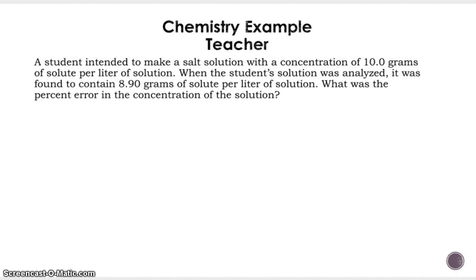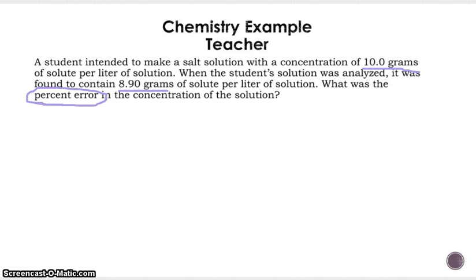A student intended to make a salt solution with a concentration of 10 grams of solute per liter of solution. When the student's solution was analyzed, it was found to be 8.90 grams of solute per liter of solution. What is the percent error of the solution? So we know that we're looking for percent error. That's our goal, to find that.